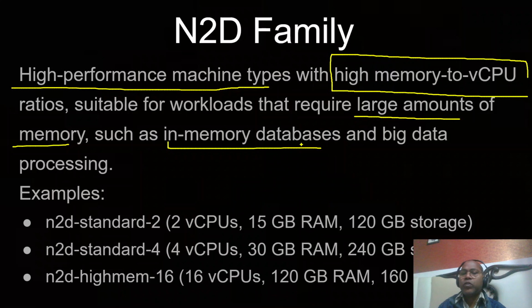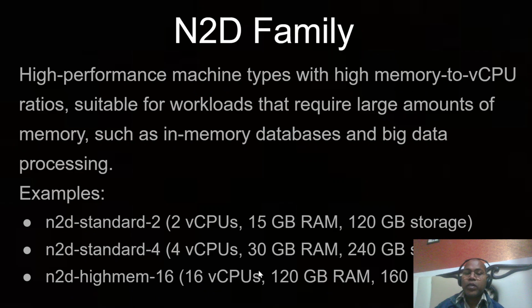For such applications you have to think about the ratio between your memory and the CPU. You can also decide on high memory or standard. So you can select, like, N2D high memory with 60 virtual CPUs, 160 GB RAM, 160 GB storage. So you have to choose the permutation of combinations on the basis of your applications.